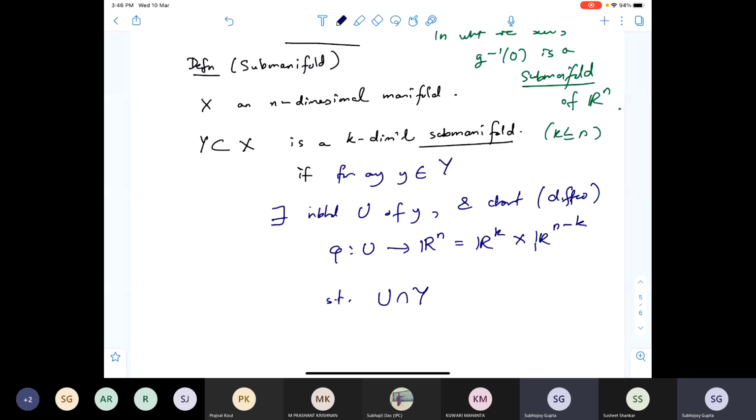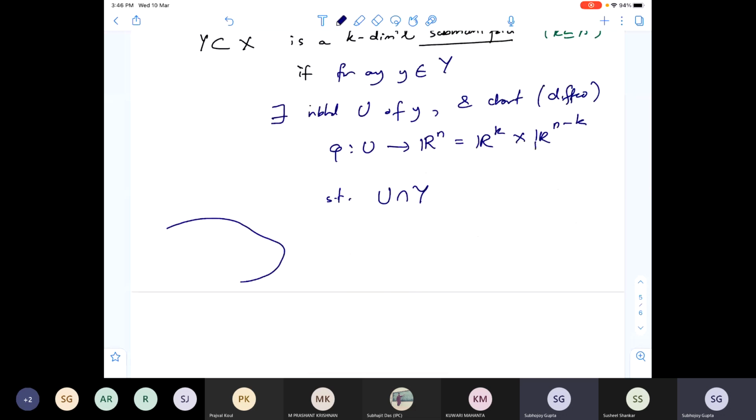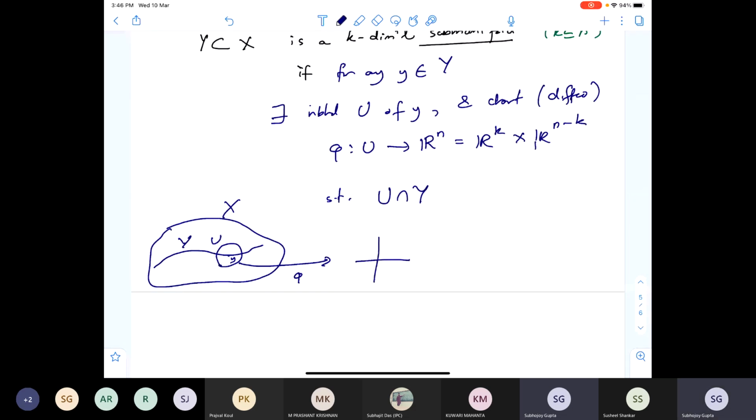That's the open set. So let me draw the picture that we have. This is my X, and maybe Y is some submanifold here. I've taken a point y, little y, that has a neighborhood U, and I want some map, the chart, to straighten out this submanifold.